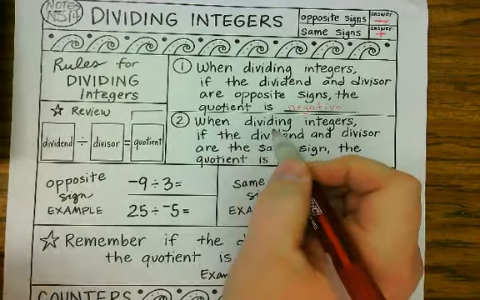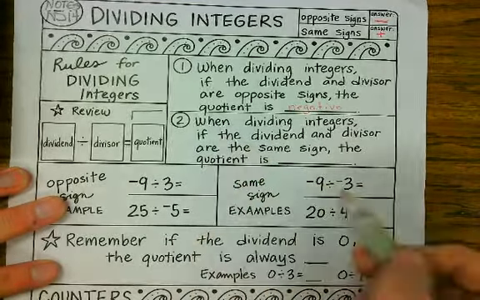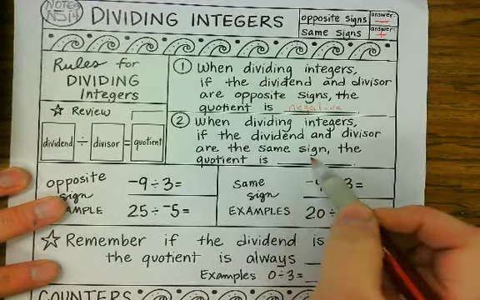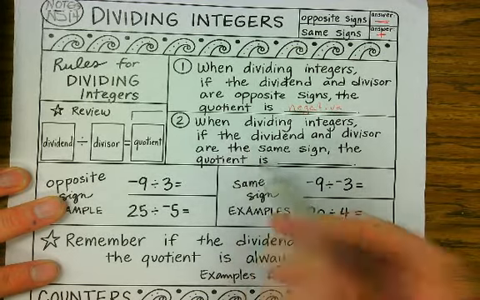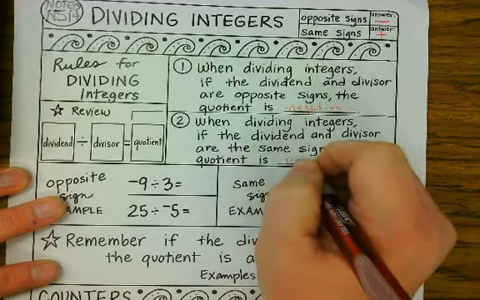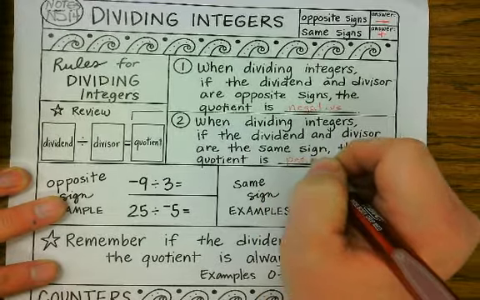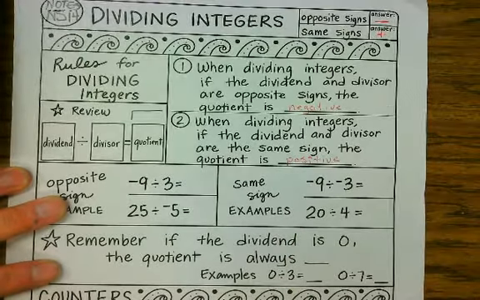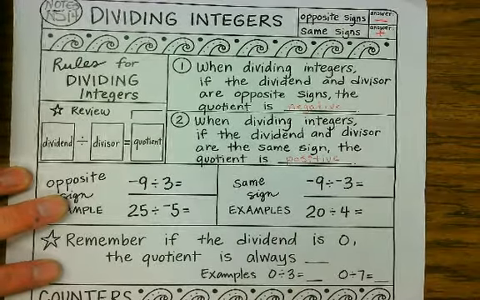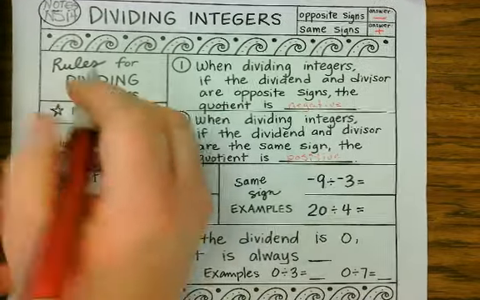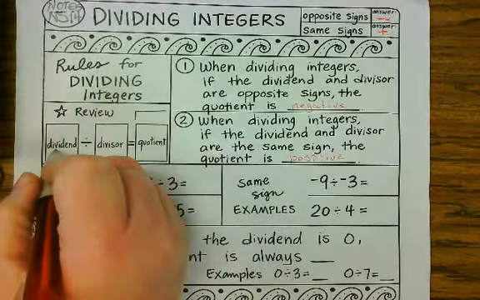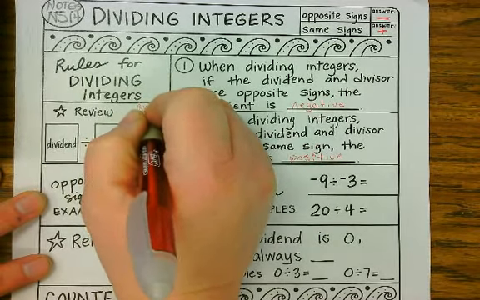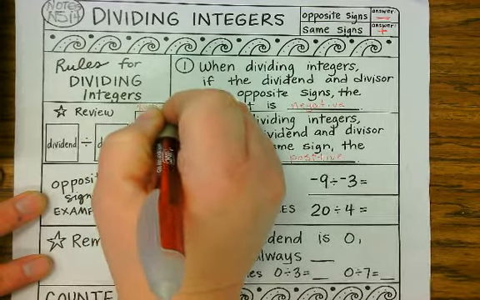Now, when dividing integers, if the dividend and the divisor are the same sign, the quotient is positive. So just like when we're talking about multiplying, if we multiply or divide, either one, the quotient, the answer here.